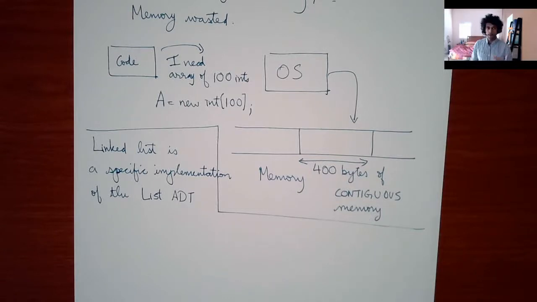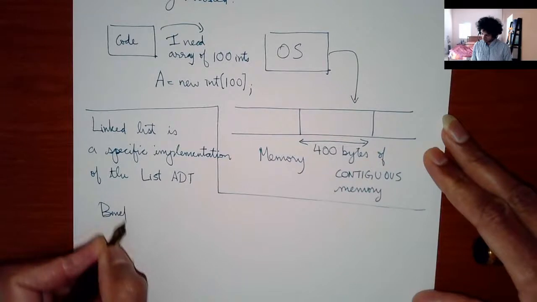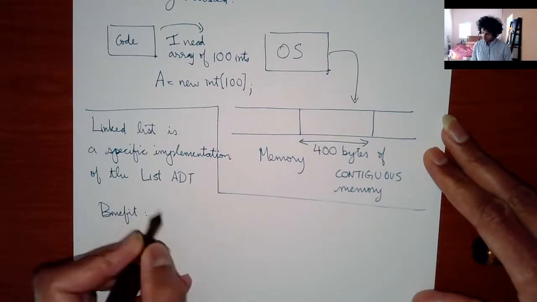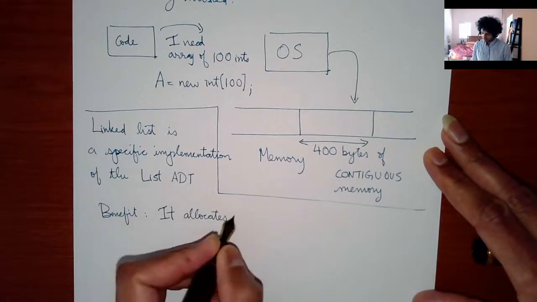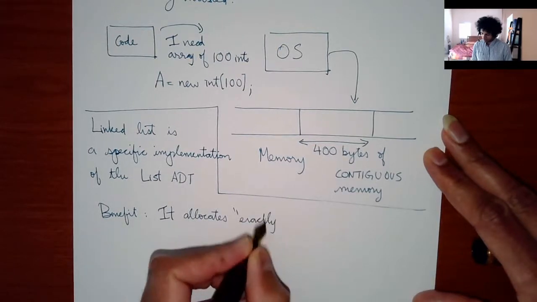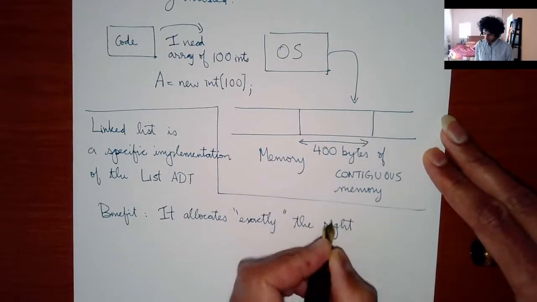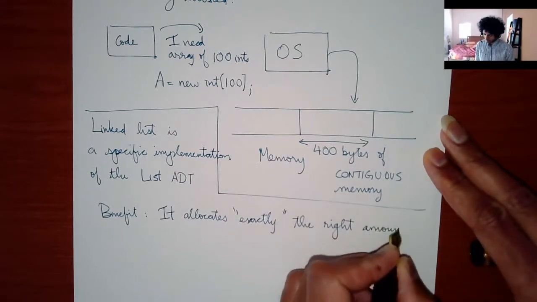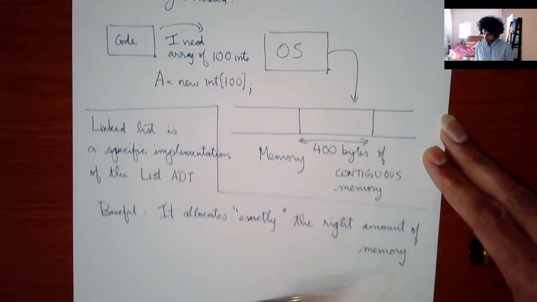And as we just discussed, there are multiple ways of doing it. You can do it purely through arrays. Now, what is the benefit of a linked list? The benefit is it allocates, I'll put this in quotes, exactly the right amount of memory.